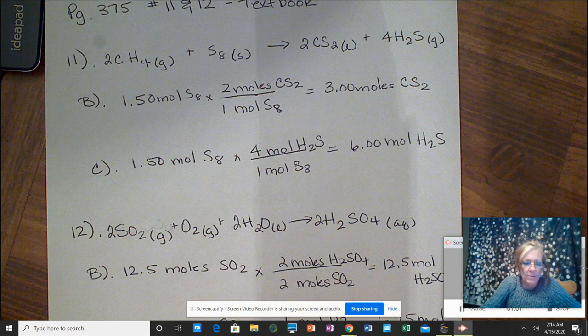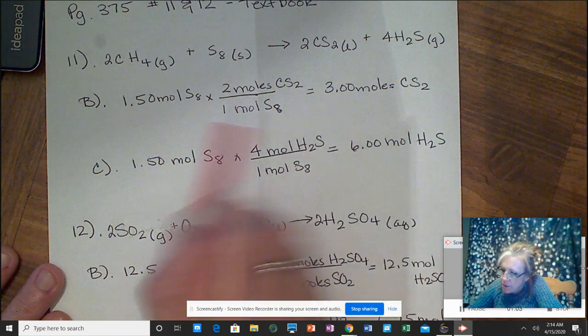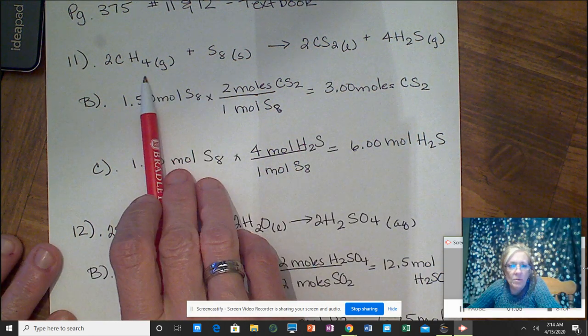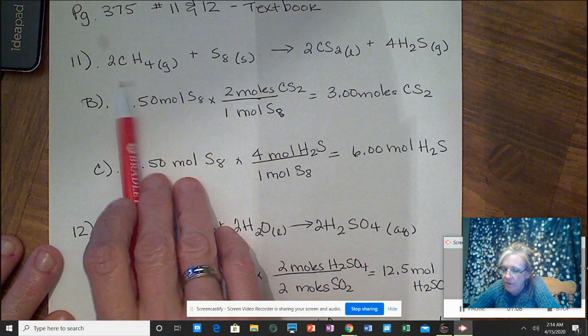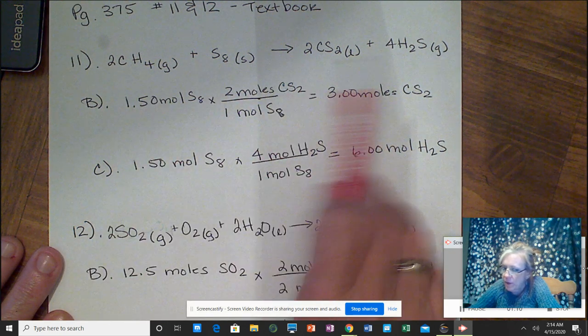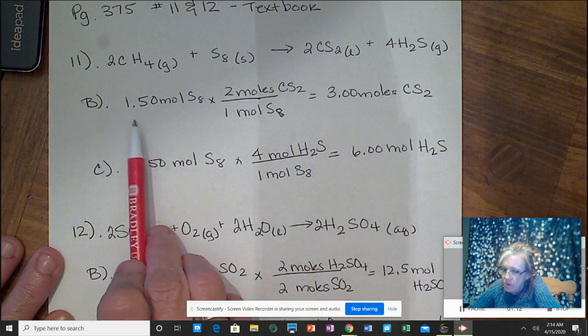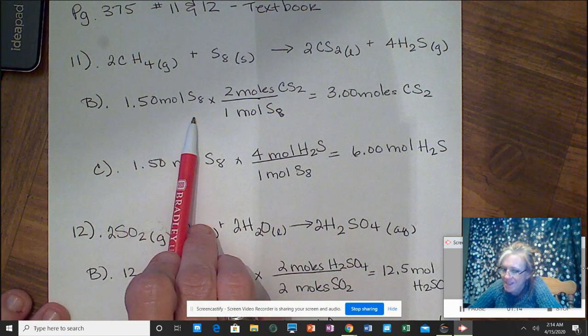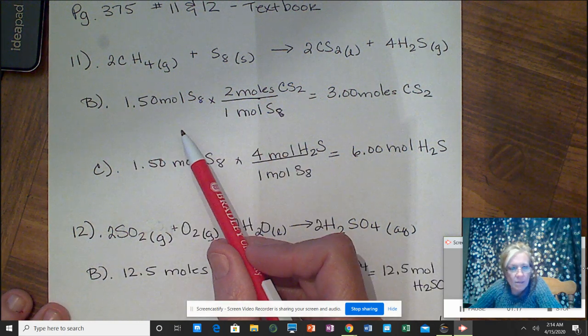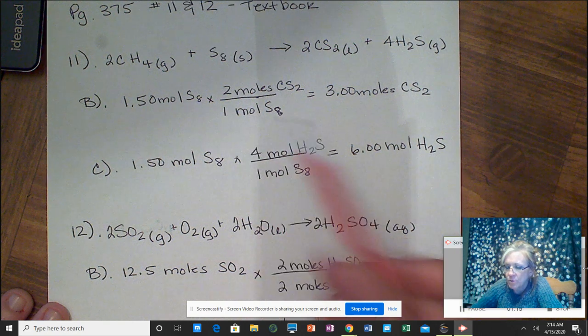All right, so back to that one. So we start off, well, first we have to balance the equation, okay? So we balance that, we have our coefficients of 2, 1, 2, and 4, okay? So we start off with our 1.50 moles of S8. It's already in moles, so we're done with that one. We're going to write our mole to mole ratio.